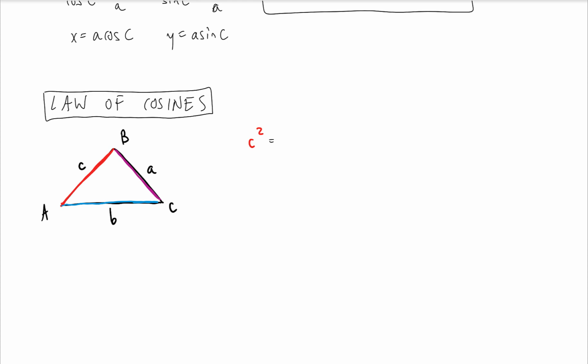So pick any side. When you square it, it's equal to the sum of the squares of the other two sides minus double their product and cosine of the angle that's opposite this side. So this angle here, c.